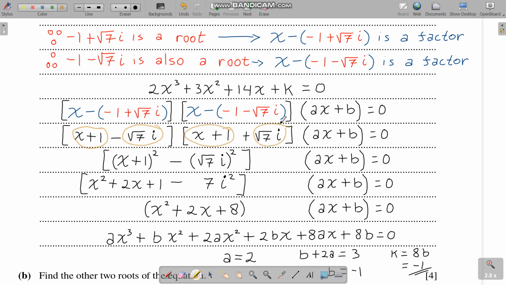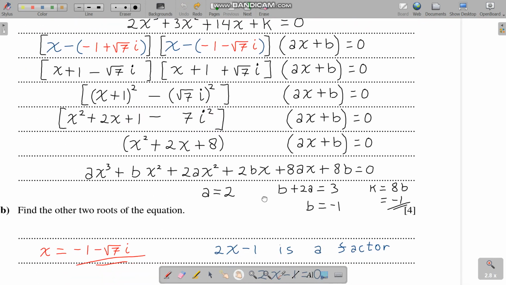This is the difference of two squares, a minus b, a plus b. We get a squared minus b squared. From the a squared, we get x squared plus 2x plus 1. And from this squared, we get 7i squared. Remember, i squared is minus 1, which means this is actually plus 7. 1 plus 7 is 8.